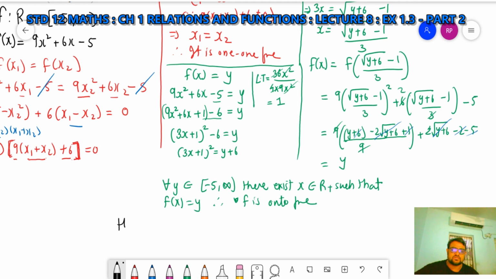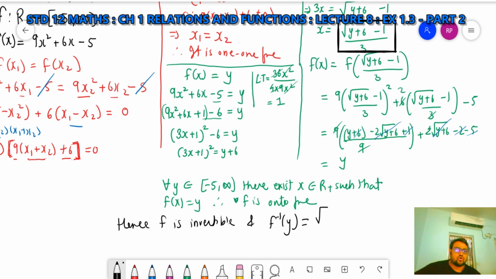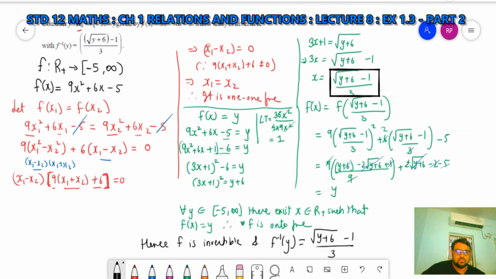Clear? Hence, f is invertible and f inverse of y will be equal to, I will take this value, square root of y plus 6 minus 1 upon 3. Clear? So this was about question number 9.